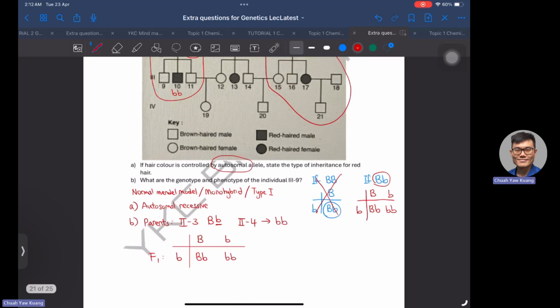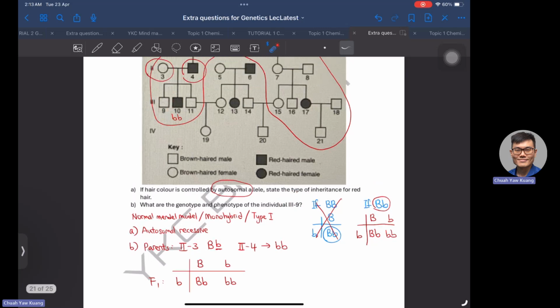The question is asking for the genotype and phenotype of individual 3-9. 3-9 is here. This 3-9 is one of the F1 generation. So this would be the genotype ratio.